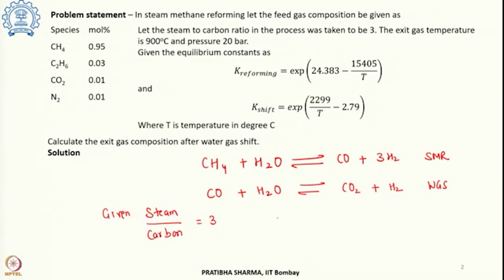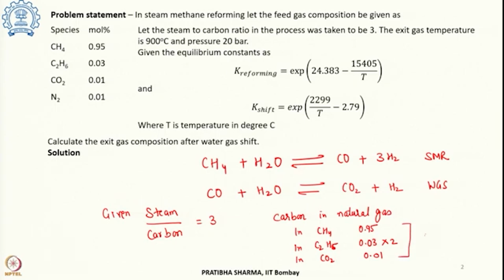Using that, let us calculate the carbon in the natural gas. We have methane, in which the carbon is 0.95 mole percent, in ethane it is 0.03 into 2 (C2H6), and also in carbon dioxide, which is 0.01.